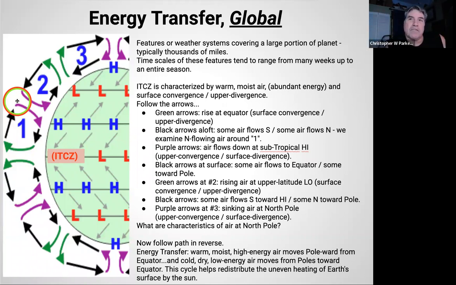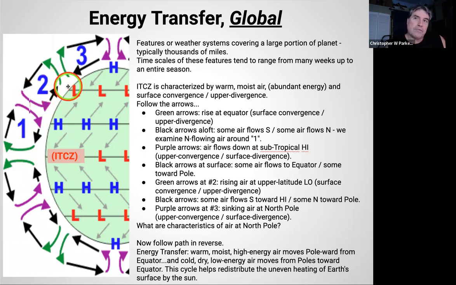So it sinks. And we've got these purple areas of air that's sinking over this area of relatively higher pressure in the subtropics. Now, some of that air is going to return toward the equator, and some of it is going to go toward the North Pole.